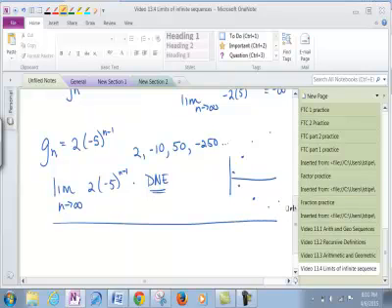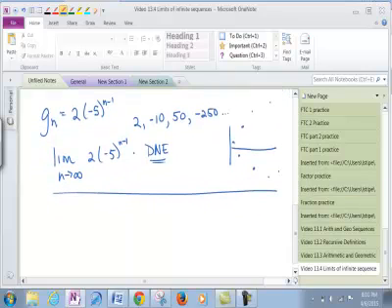So let's sum up from these 3 examples: the limit of a geometric infinite sequence depends on the ratio. The ratio is what holds all the power. In the first example, where we looked at 2, 1, 1/2, 1/4, we found the limit was 0.